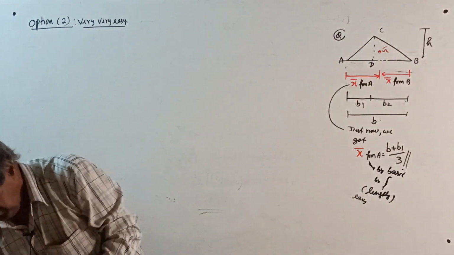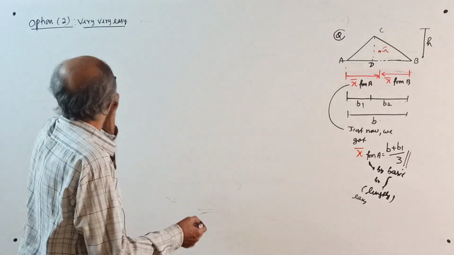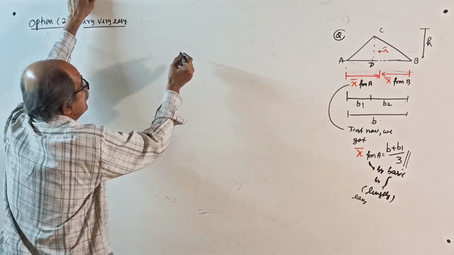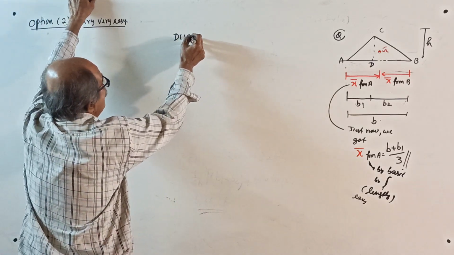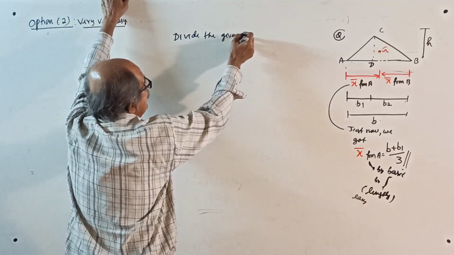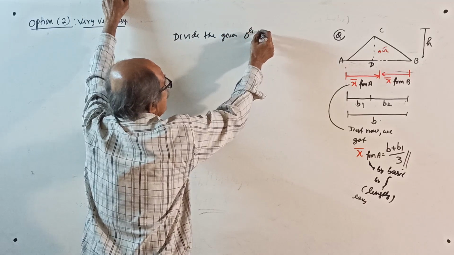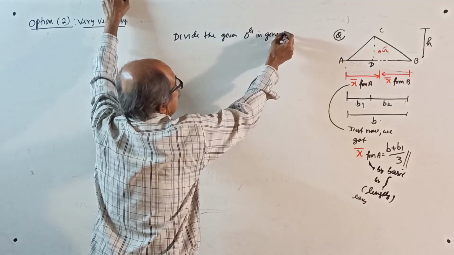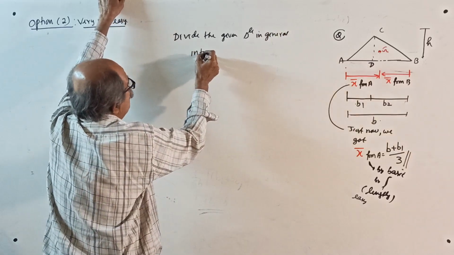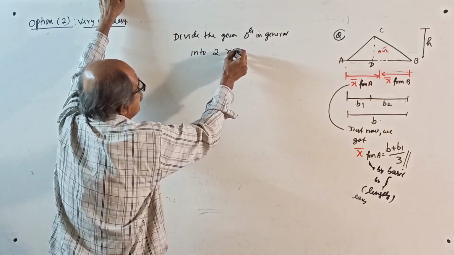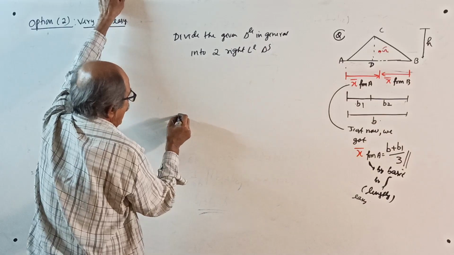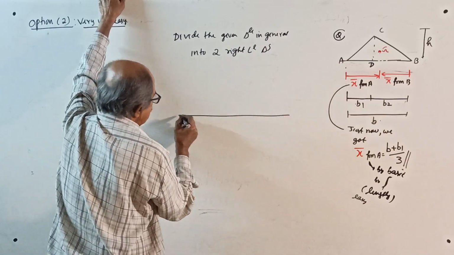Easy method. Now, one note you have to make. Option 2, very, very easy. See, I will tell something. Divide the given triangle in general, in general means not right angle, randomly general, into 2 right angle triangles as shown.